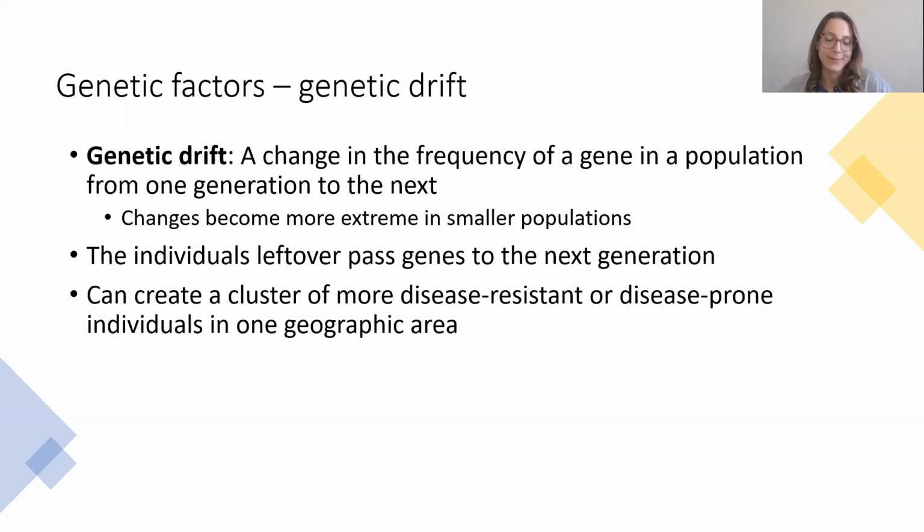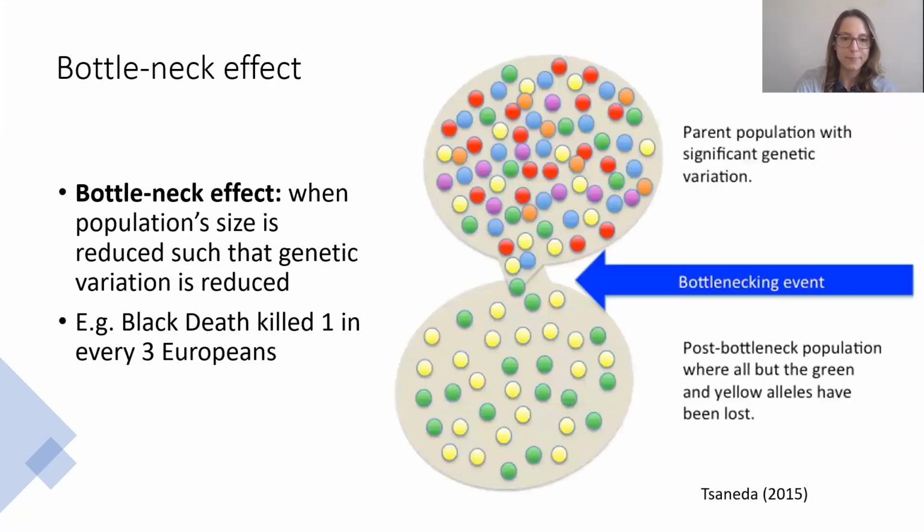If an epidemic wipes out a significant portion of one population and maybe only leaves a few surviving members, then those surviving members are going to be overrepresented in the next generation, right? Their genes are going to be the ones that get passed on. So these genetic factors can definitely come into play anytime we're talking about changes to populations, whether it's declines or increases. So it's important to note.